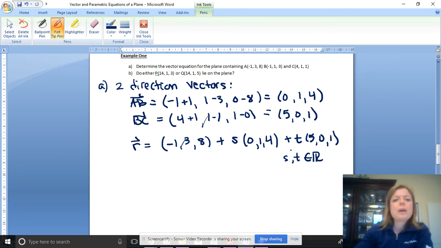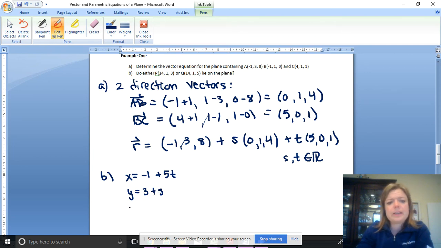All right, so do either of these points lie on the plane? Well, what we need to do is set up the parametric equations. So X is equal to -1 plus 0S, so I don't actually need to put that, plus 5T. And then Y is equal to 3 plus S, and then 0T.